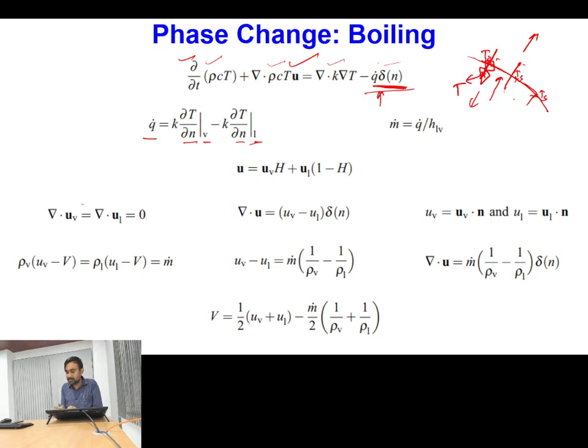So this temperature minus the saturation temperature, divided by this distance from the interface, will give you the value of the gradient. Okay, so this is how you can calculate the gradient, and if you know the gradient, then the mass flow rate across the interface will be Q dot divided by the latent heat of vaporization at that given pressure condition, because that will be deciding the rate at which liquid is converting into vapor.